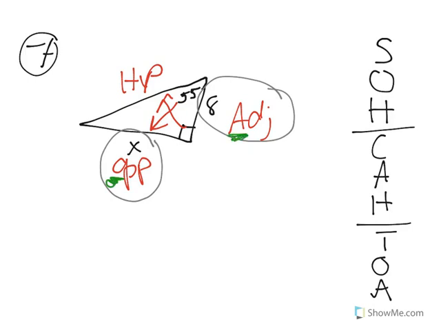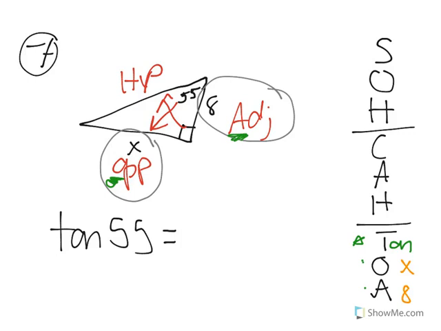So I'm looking for O and A. I found O and A here with tangent. So I'm going to set up an equation using tangent. And then next to tangent is the angle, is equal to, remember, O over A. So O was x and A was 8.